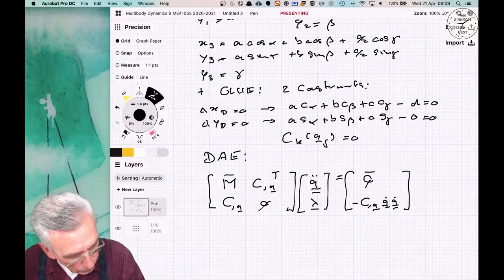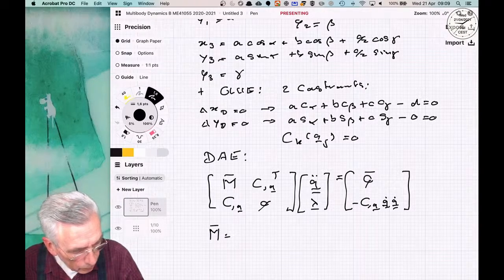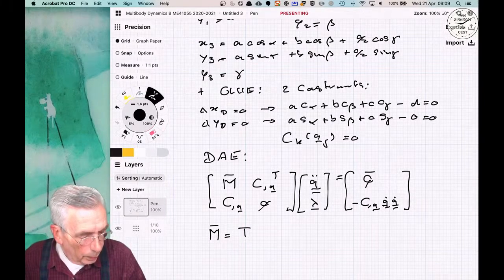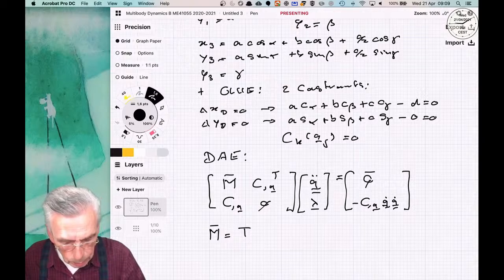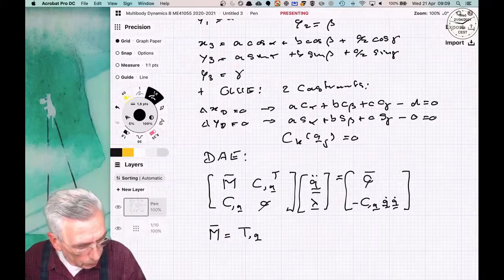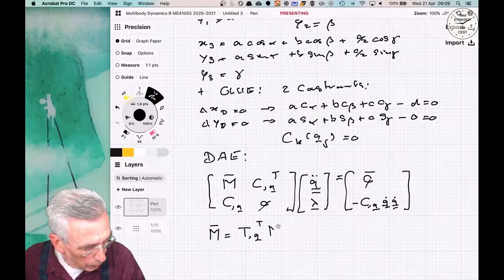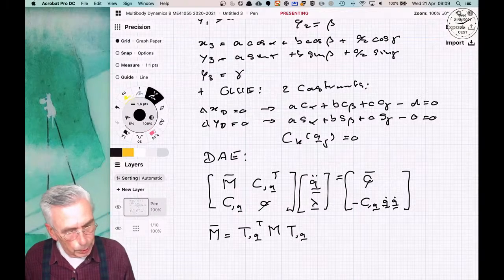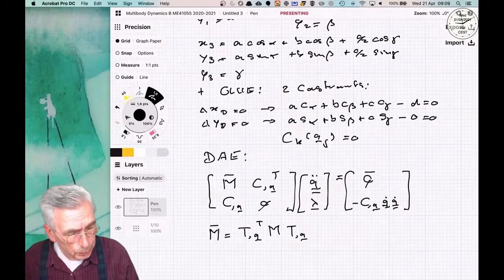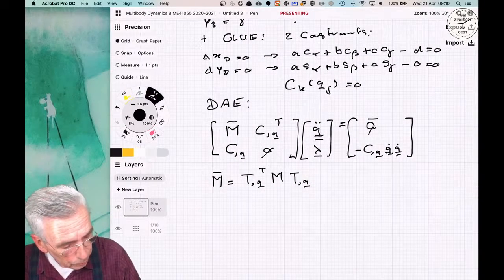And let's supplement that with being clear what is M bar. Well, M bar is then of course this transformed mass matrix, T, Q transpose times M times T, Q, where M is just the mass matrix on the basis of the center of mass coordinates.